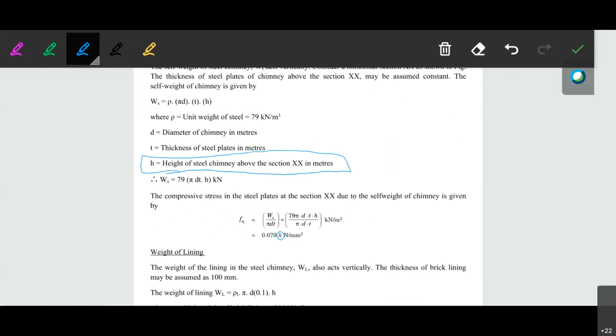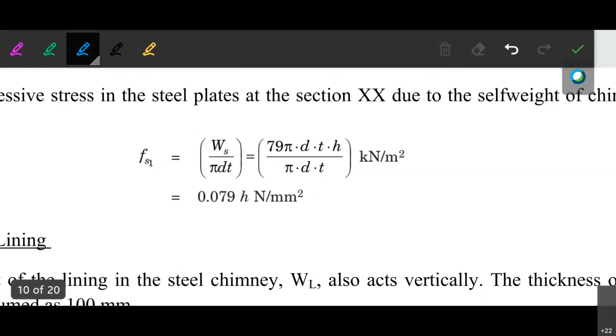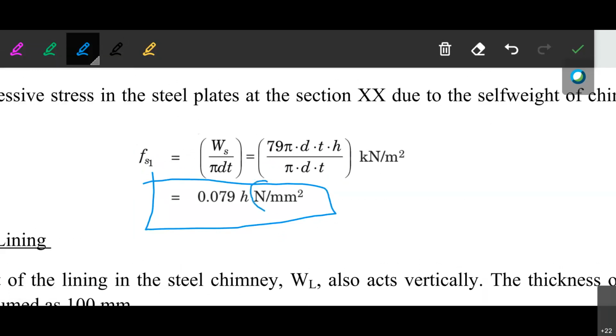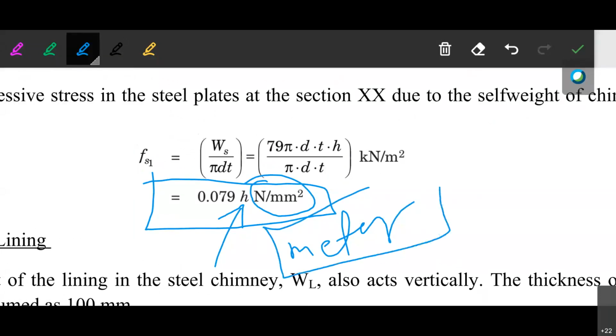The value of h has to be taken in meters in this particular formula. When we are using 0.079 multiplied by the h to get this Newton per mm square, we have to input that particular h value in meters, not in mm or centimeter. Okay, so remember that the height of that particular chimney should be included in meters.